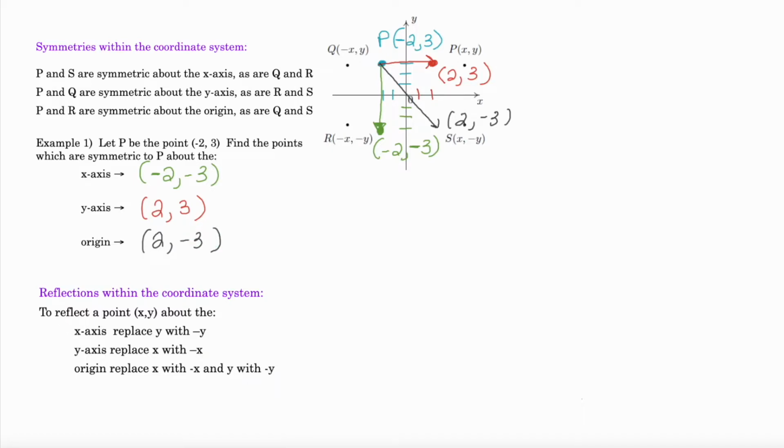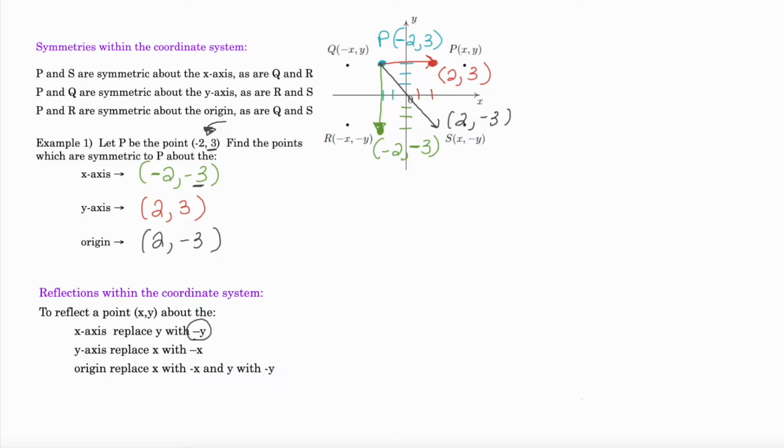So notice what happened to our original point and the points with respect to the symmetry. Notice that when we went across the x-axis, the only thing that changed was the opposite of y. So we changed the opposite of y, so it was a +3, which made it a -3.